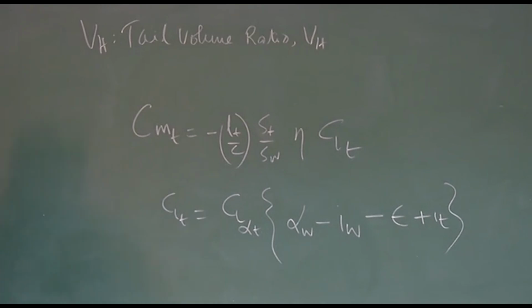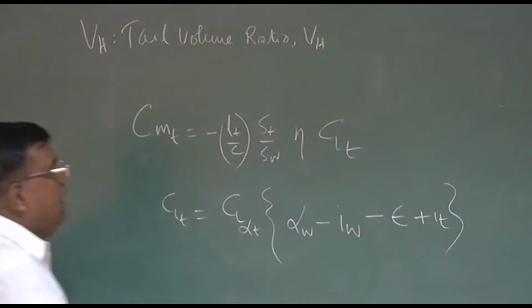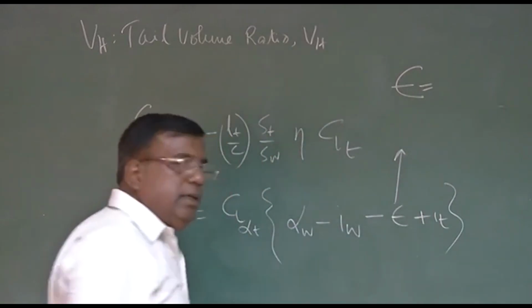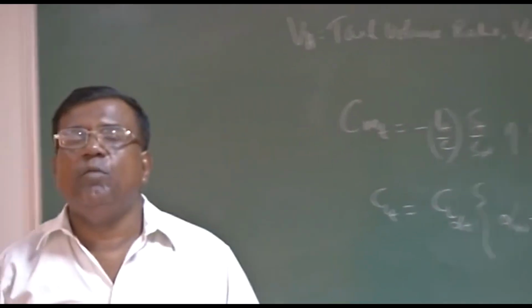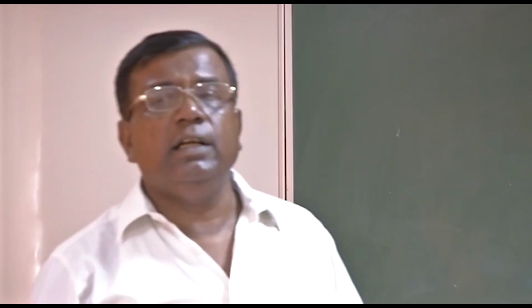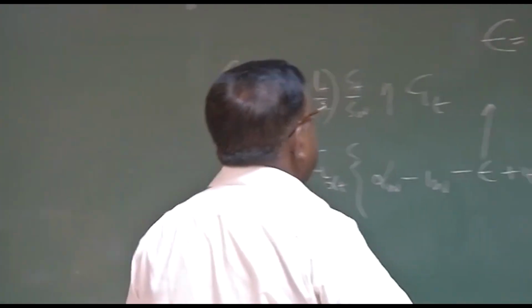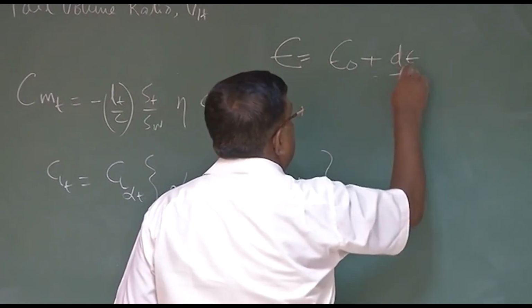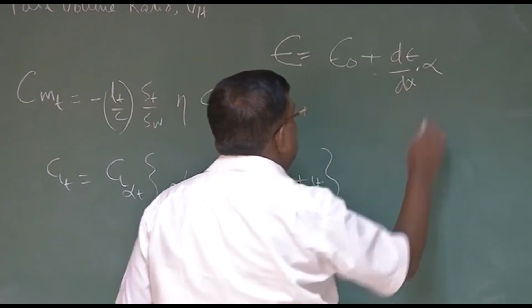Here, for simplicity, I can model epsilon. What is epsilon? It's the downwash, right? Downwash is modeled to be a function of angle of attack, with the understanding that as angle of attack increases, the lift increases, and lift means the pressure difference increases, so the strength increases. So it is linearly modeled as epsilon naught plus d epsilon by d alpha into alpha.